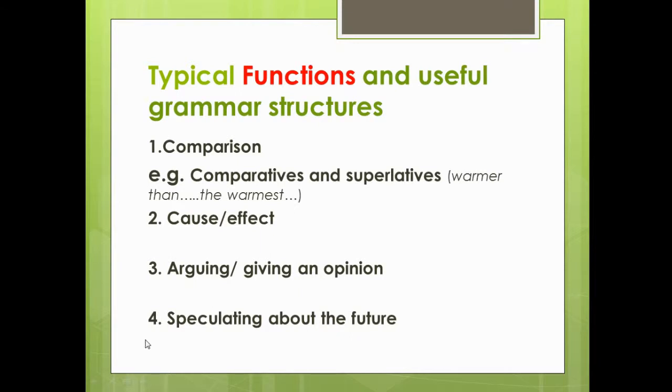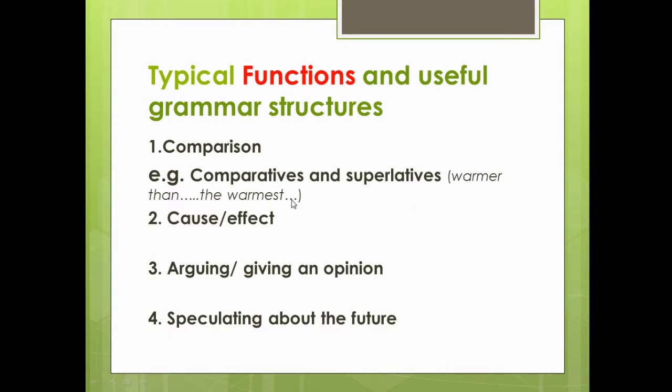Now, very importantly, as soon as you know, okay, I'm being asked to talk about this particular function, your brain is going to have to work pretty quickly to come up with a range of different grammar structures that can carry out and express those types of relationships. So for example, comparison: typically you're going to be having to use comparative and superlative structures.